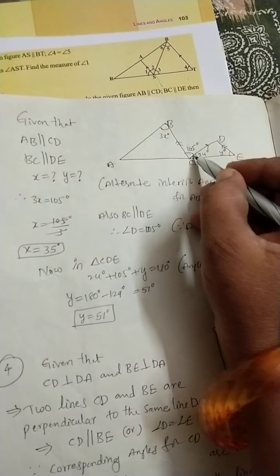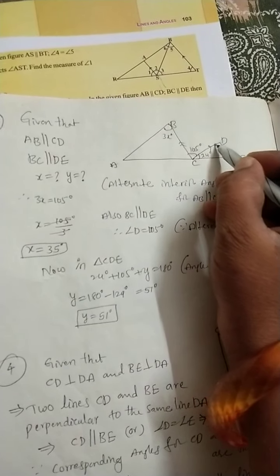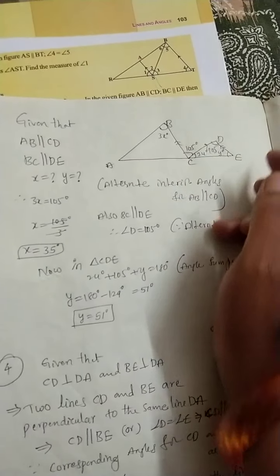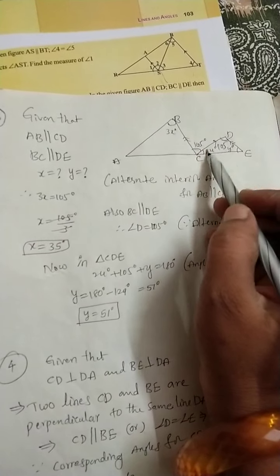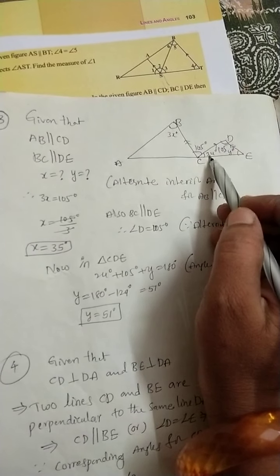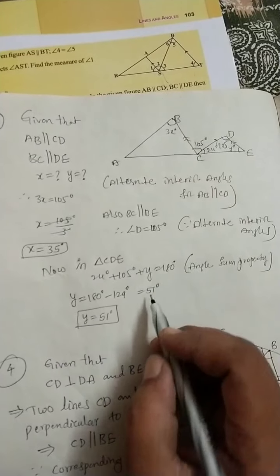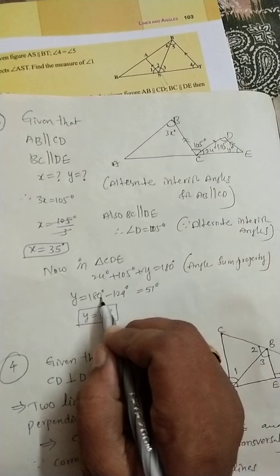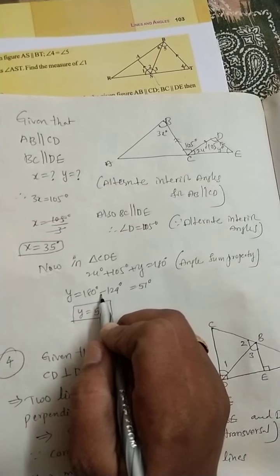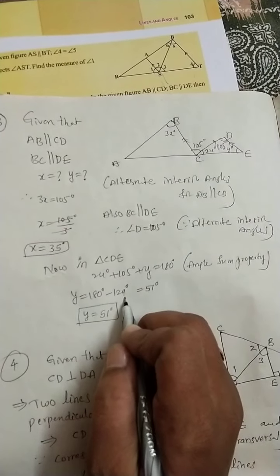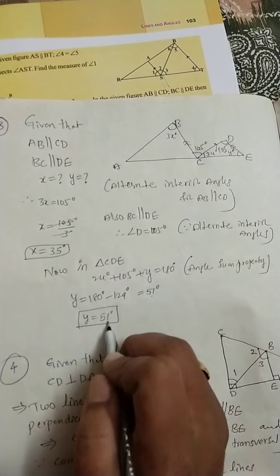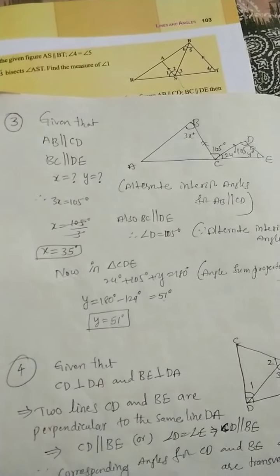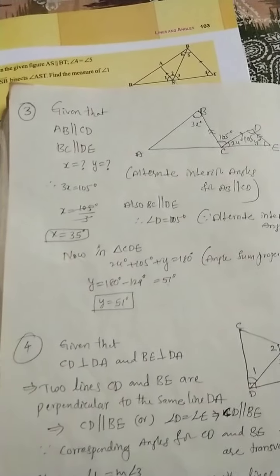Because this angle is equal to angle D, 105. So the sum of angles in a triangle, 24 plus 105 plus y, is equal to 180 degrees. So y is equal to 180 minus 129, which is 51. So x is equal to 35, y is equal to 51. This is the third solution.